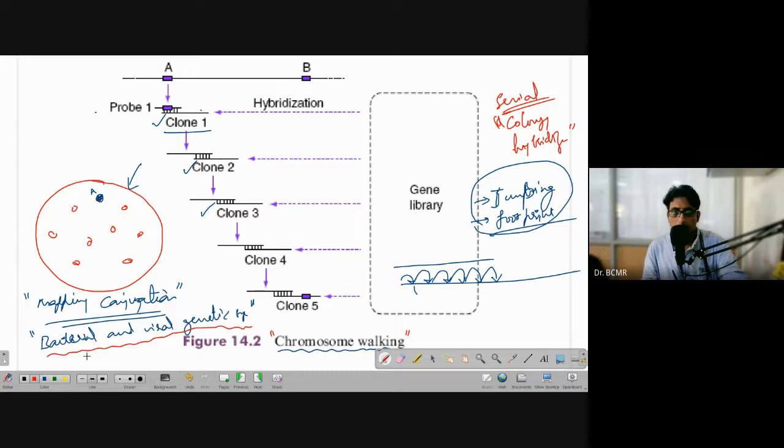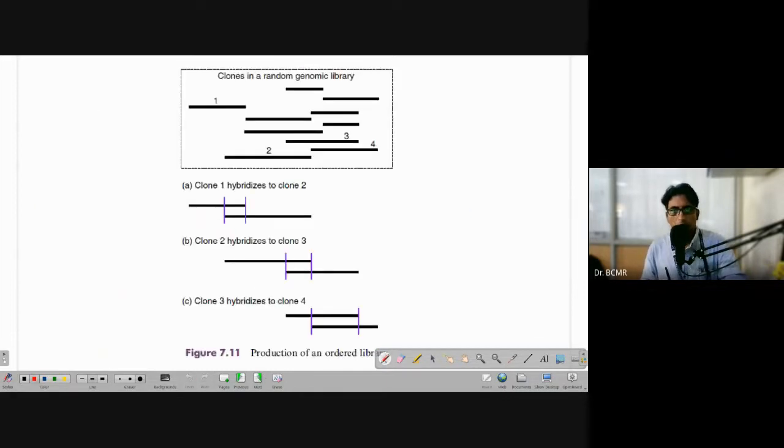That's why I think they ask a lot of questions based on classical experiments. So please have a look at it, and if you have any questions, we can discuss in some class. So this is how we make an ordered library, right? Colony 1 hybridizes to colony 2, 2 hybridizes with colony 3, and 3 hybridizes with colony 4.